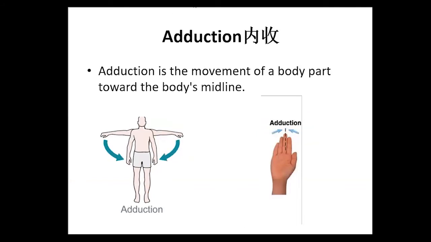So like the picture here, it's moving back for the arm and moving back for the leg. We call that adduction. And the same thing for the hand, moving to the center from both sides.